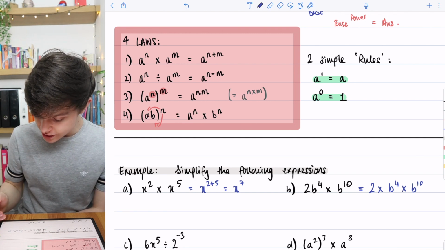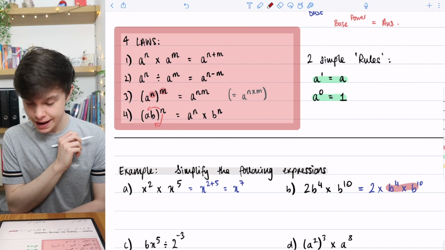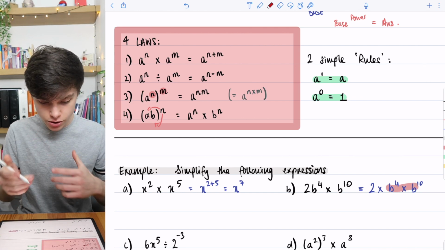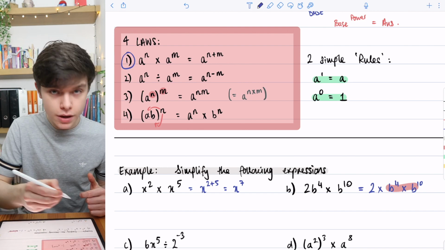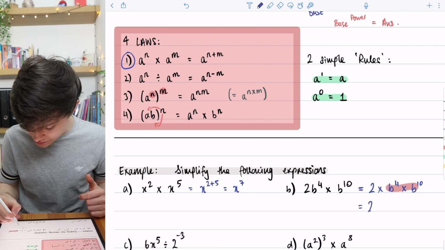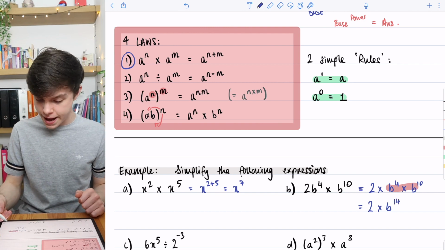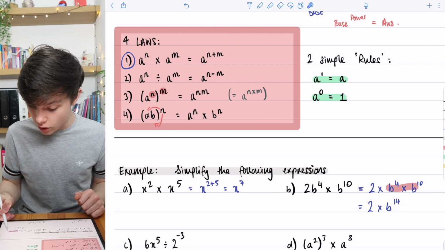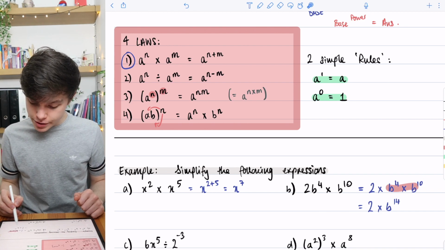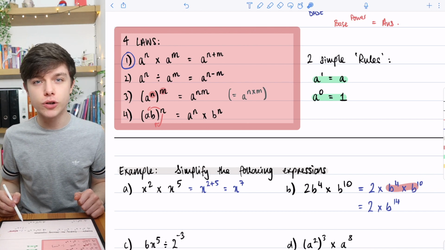What we can do is we can first off do that bit in red. We can use the first law to say that's 2 times b, and I'm going to go straight to the 14 there by adding the 4 and the 10. And when we do that, we get 2 times b to the 14.